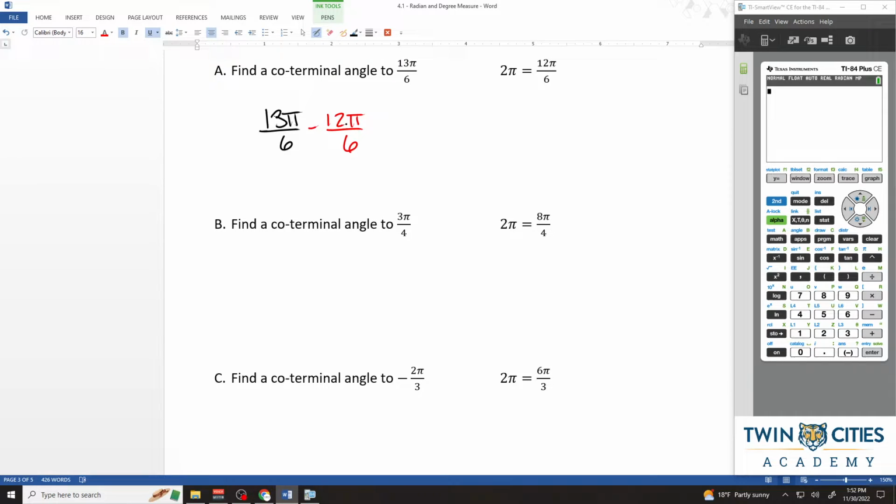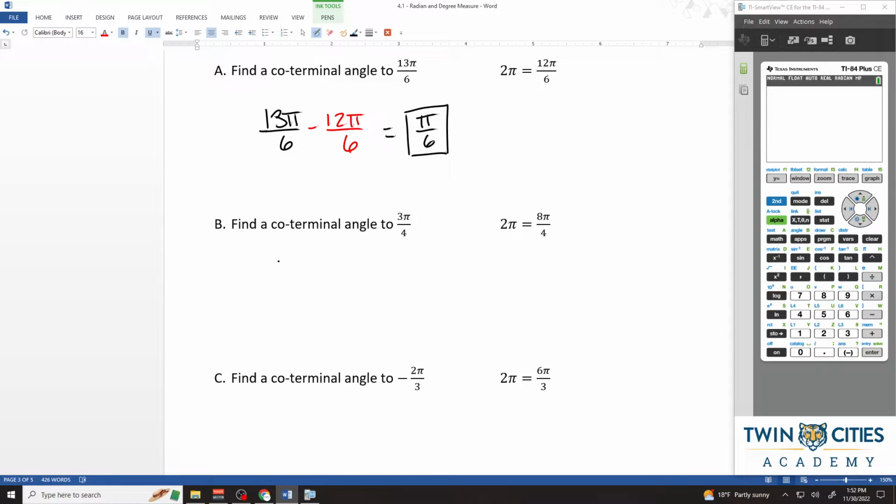Well, 13 minus 12 is 1, so this is just 1 pi over 6, or just pi over 6. That means that these two, 13 pi over 6 and pi over 6, are essentially the same angle. They're coterminal.